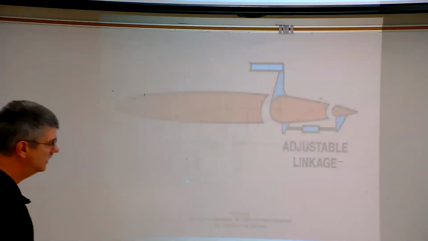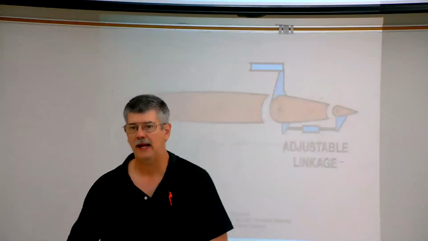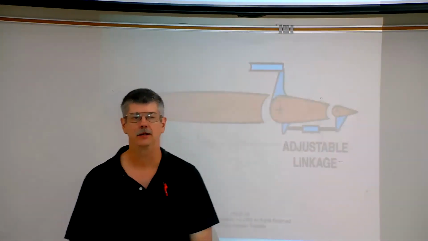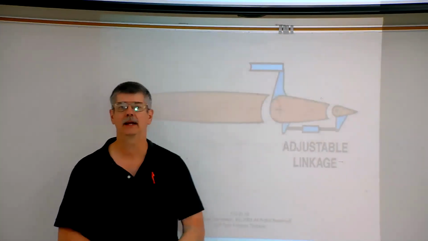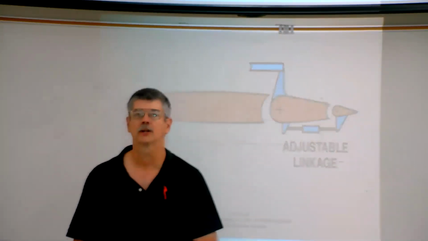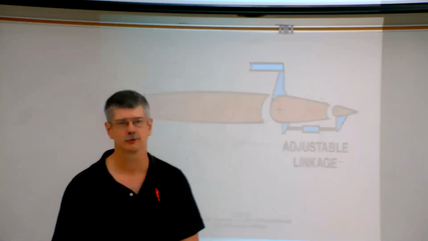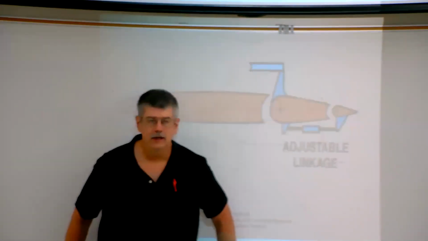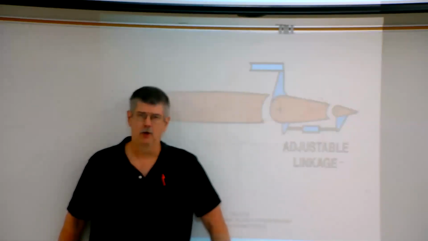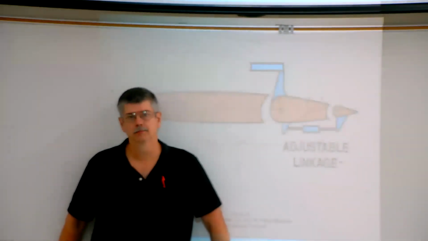Okay, tabs. All right, tabs are devices that aid the pilot in one of two ways. It could be used to aid the pilot in maintaining a specific attitude, or it can be used to aid the pilot in movement of the control. A trim tab is there to help hold the airplane in a specific attitude.